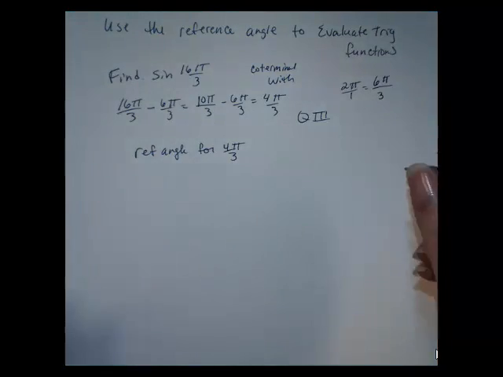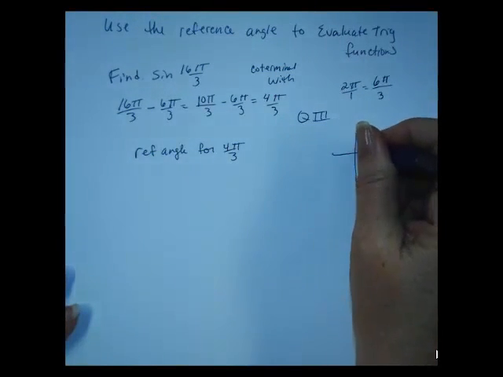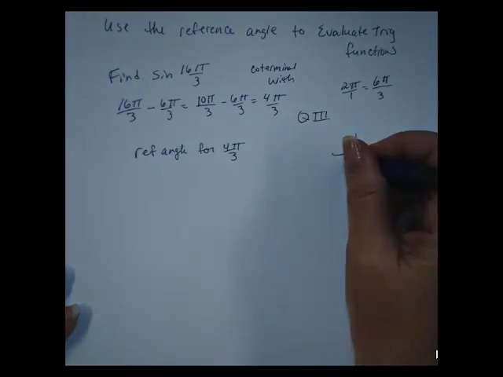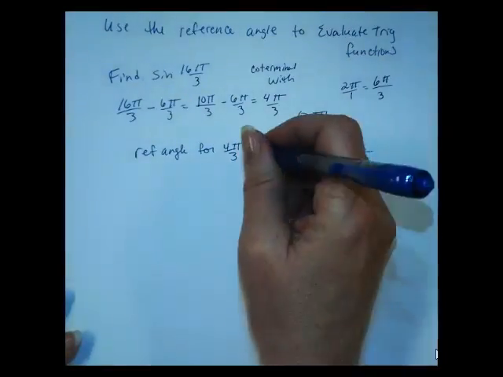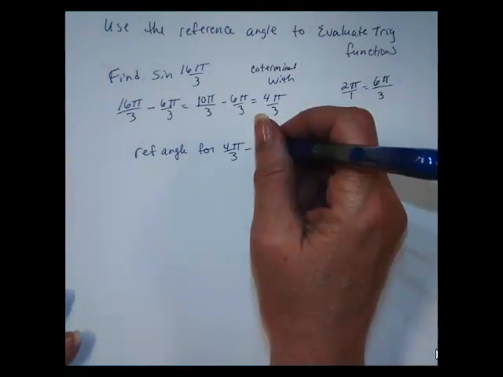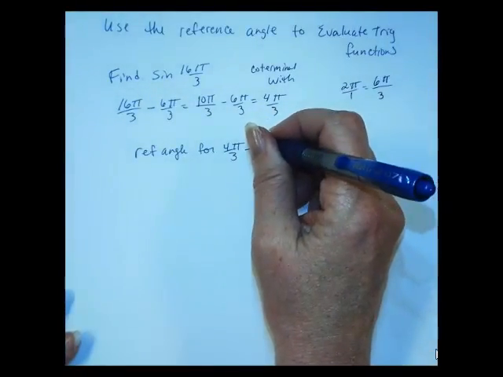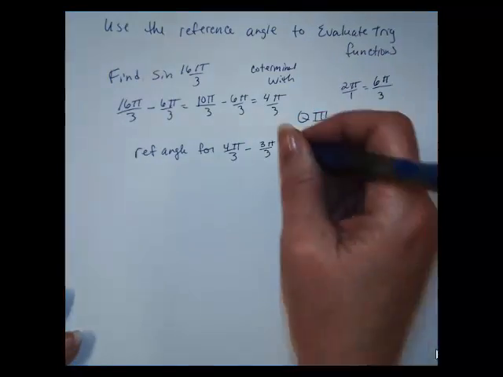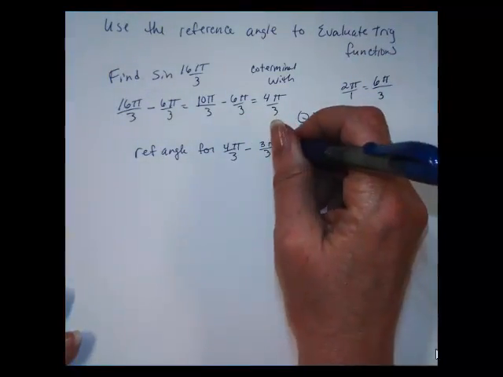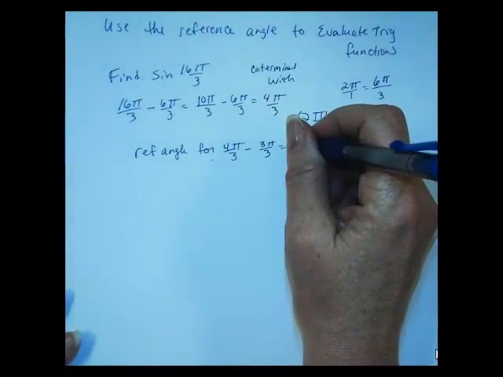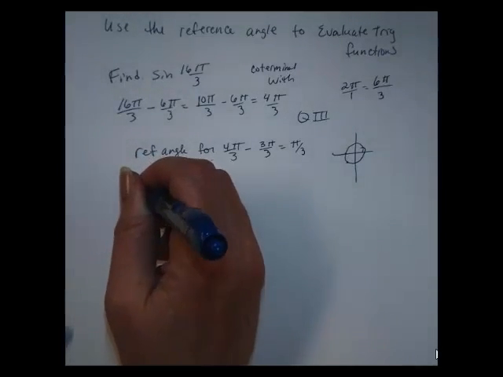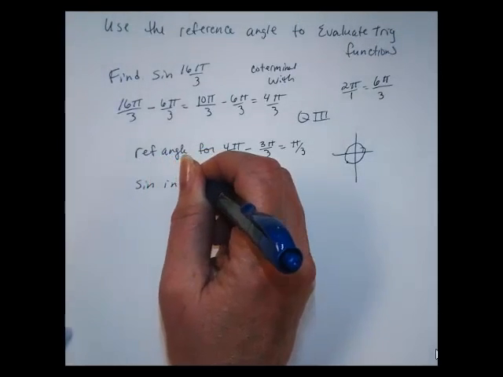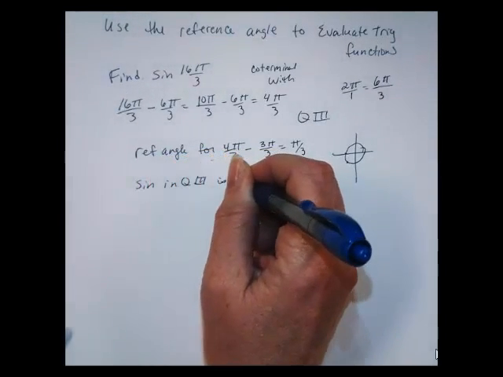Well, if we're thinking about that unit circle again, and we're down here at 4 pi over 3, we're going back up to that negative x-axis. So we need to subtract a pi from there. So if we subtract 3 pi over 3, because that's a whole pi, with a common denominator, we're going to get pi over 3. So our reference angle here is going to be pi over 3, and sine in quadrant 3 is negative.